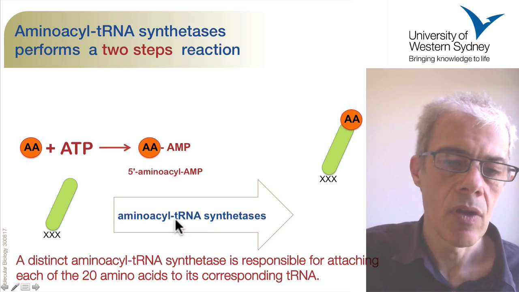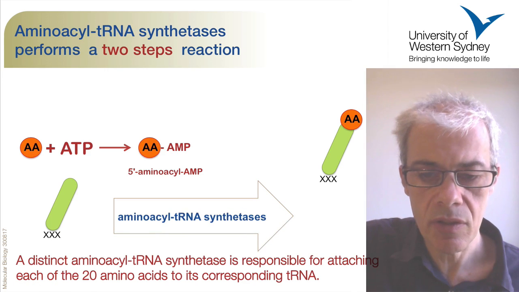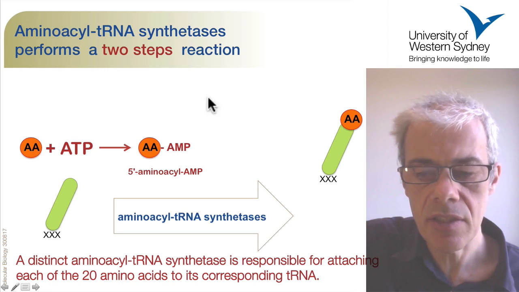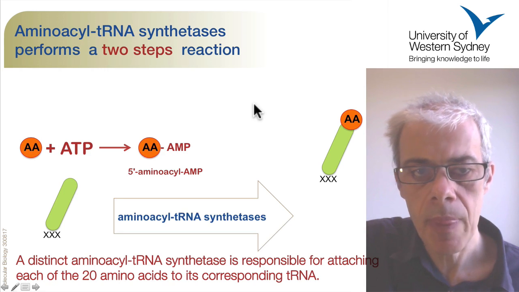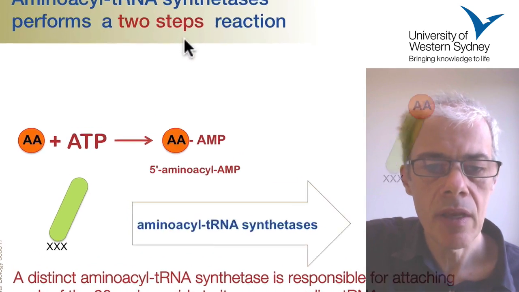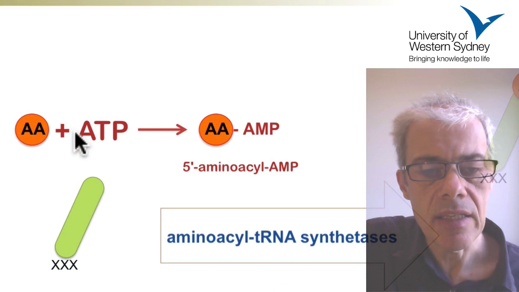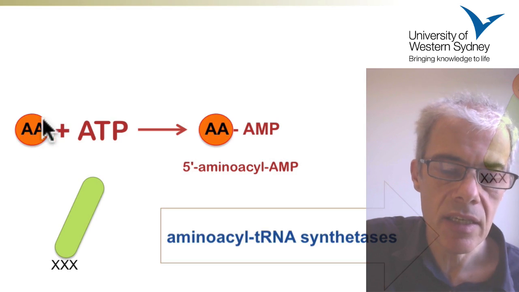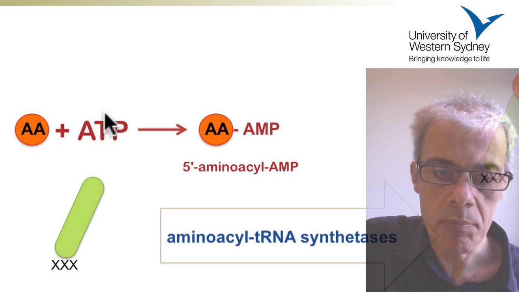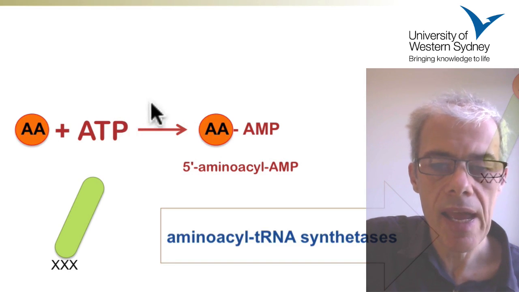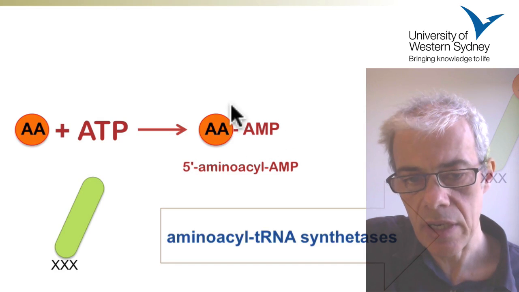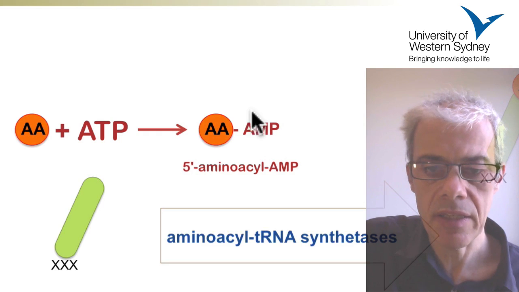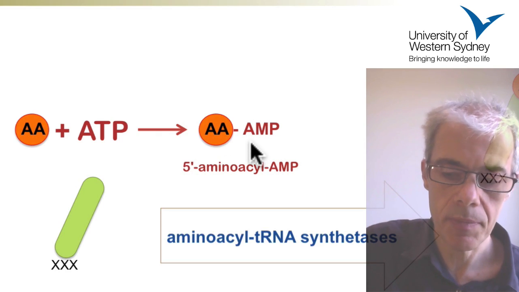Now, the aminoacyl tRNA synthetase activation of amino acids is a two-step process. So it's a two-step reaction. The first step here is the adenylation of the amino acid. So the amino acid is bound to a nucleotide, and the ATP is attached as AMP to the nucleotide.